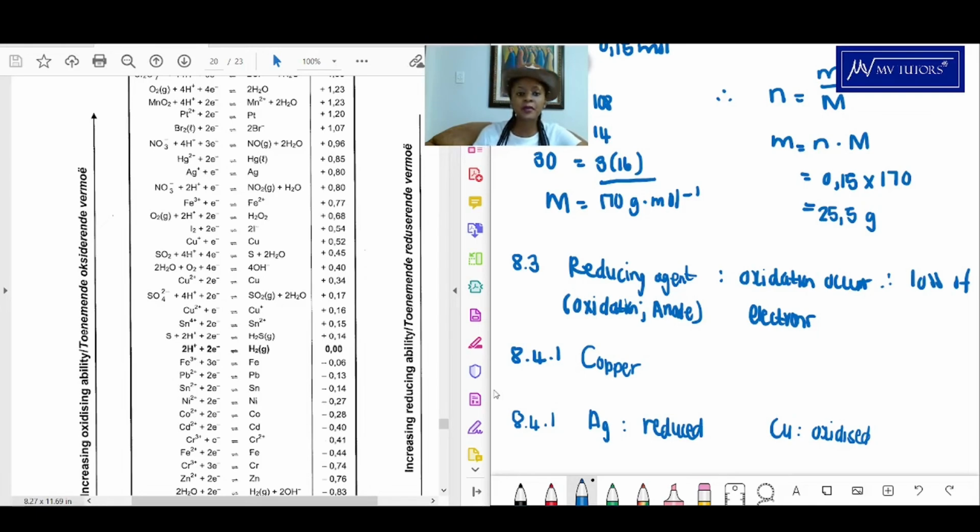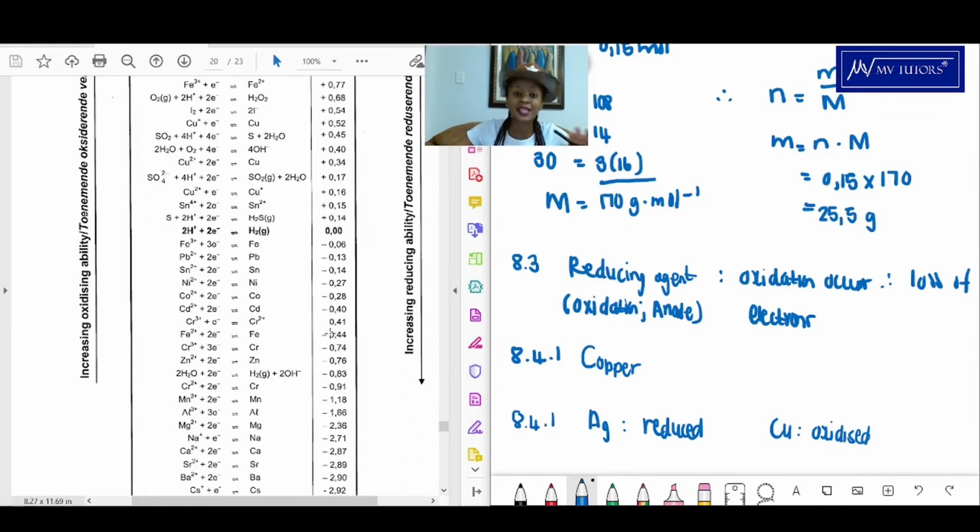Okay, if you want to make sure that you are on the right track, normally in your galvanic cell you would have copper on your cathode and zinc on your anode. So zinc should have a better reducing ability, so zinc should be lower than copper. That's what I'm getting to.